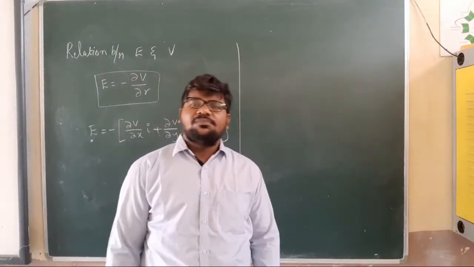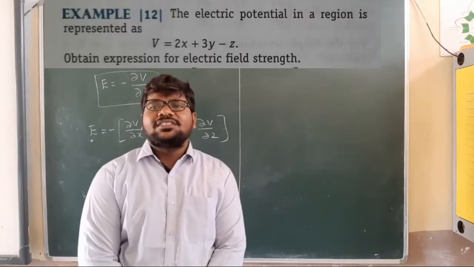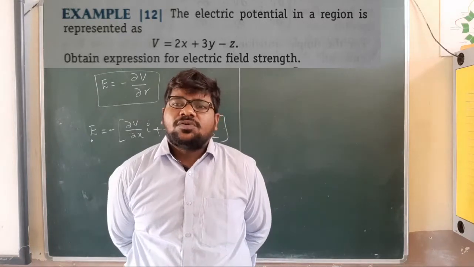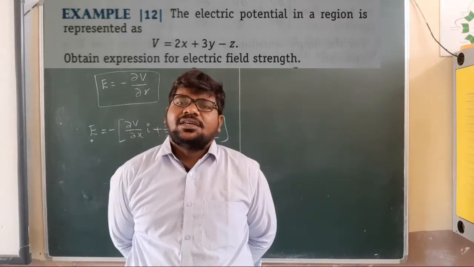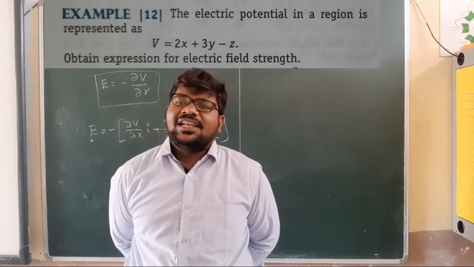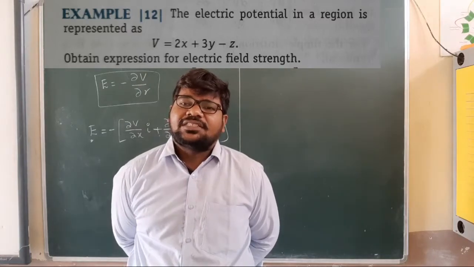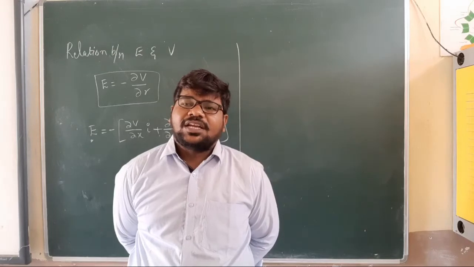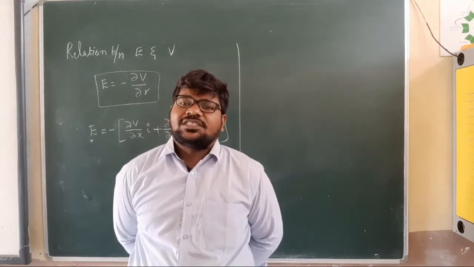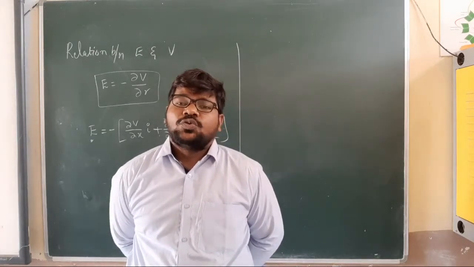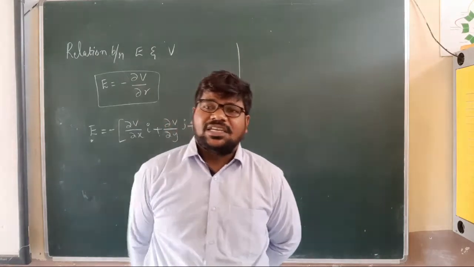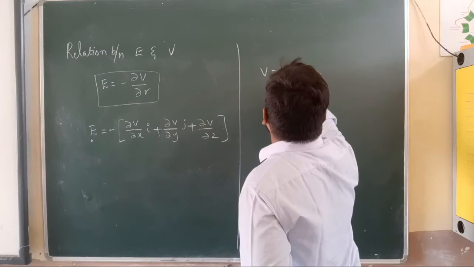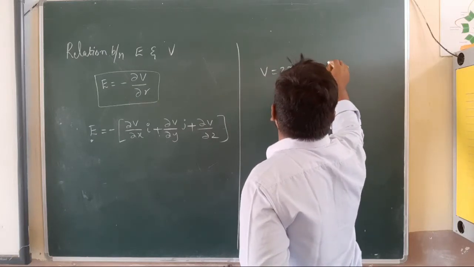Coming to the example problem: the electric potential in a region is represented as V is equal to 2x plus 3y minus z. Obtain the expression for electric field strength. They have given the electric potential V is equal to 2x plus 3y minus z.